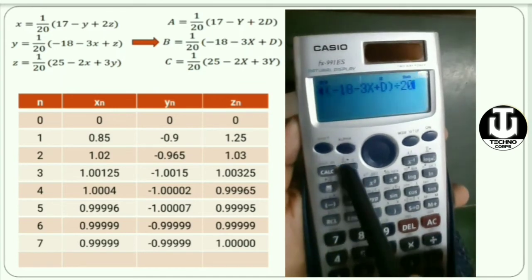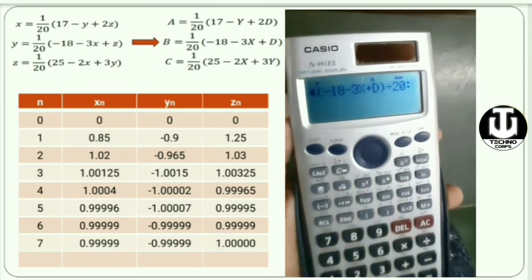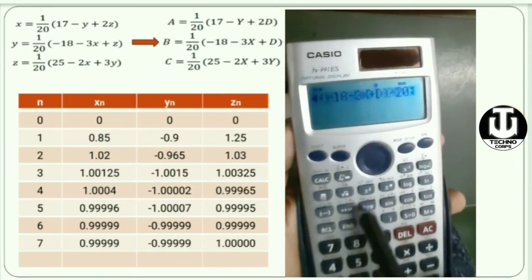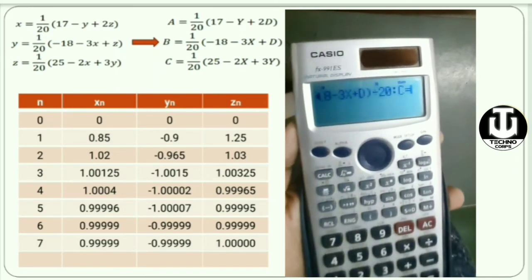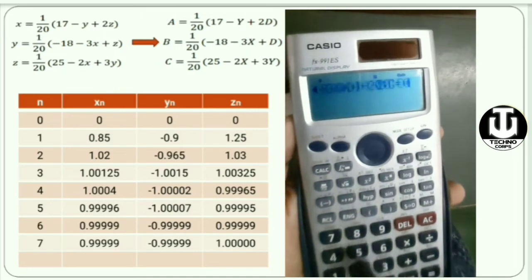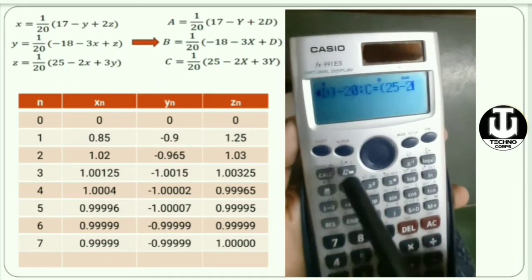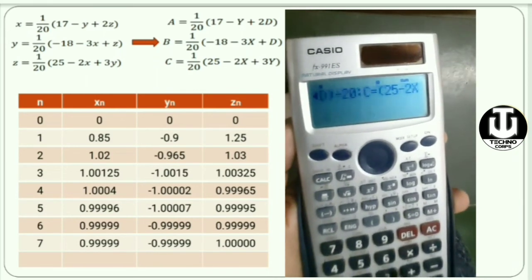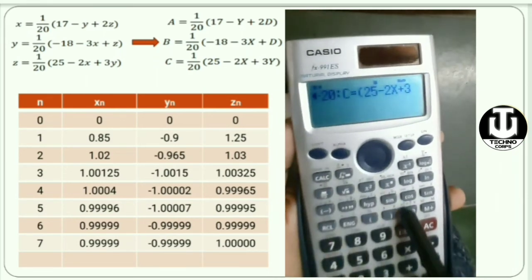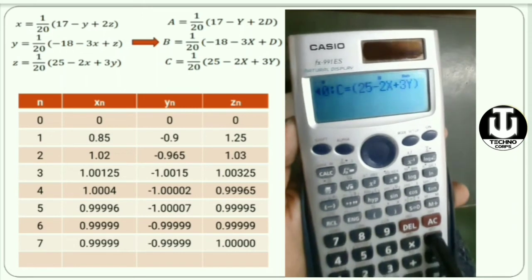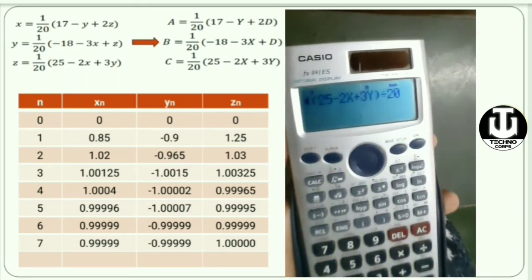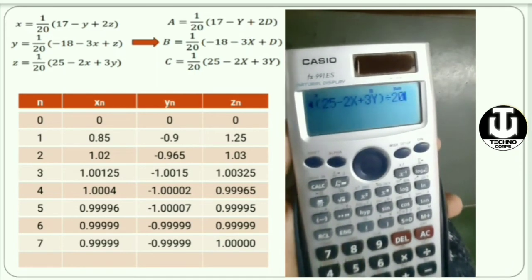Now again writing the third equation, before that putting colon. So C equals 25 minus 2x plus 3y, bracket close, divided by 20. So these are all three equations I have entered.